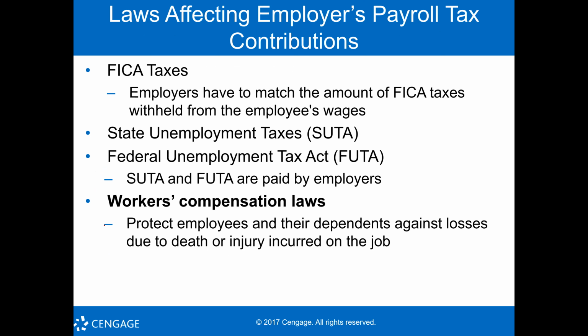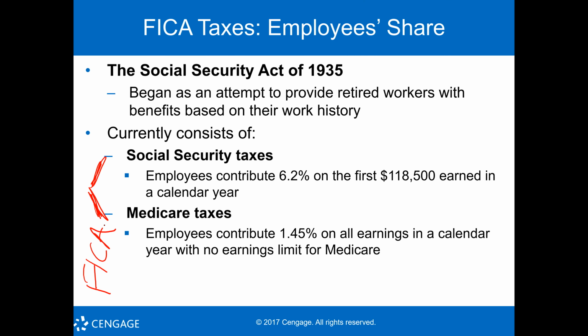Okay, so this goes into that a little bit more. Again, FICA taxes: employers have to match the amount of FICA taxes withheld from the employee's wages. So, going back real quick here, Social Security, 6.2%, Medicare, 1.45%. So actually, when you are an employee, you pay 6.2%, and then your employer matches, right?